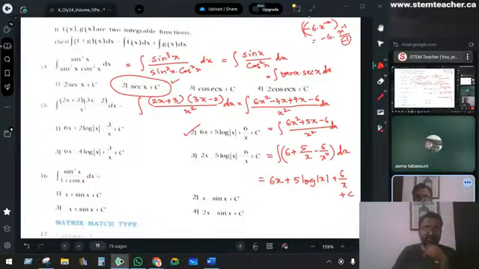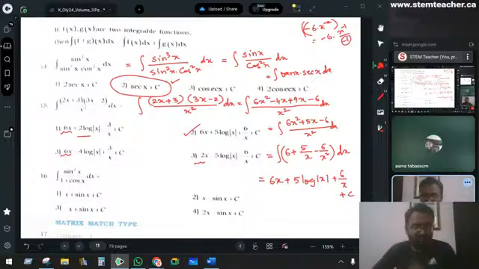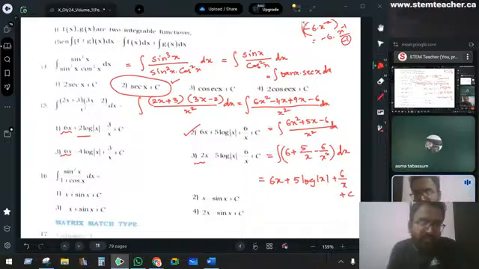Most students might go with this or with 6x. So please try to understand each and everything. So 15 is completed, 14 is completed.